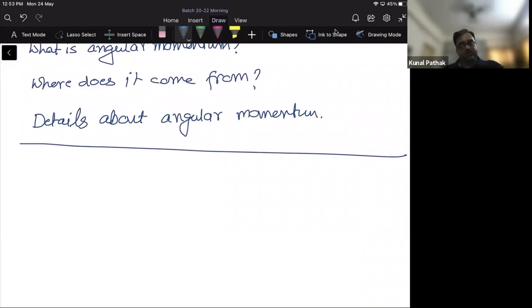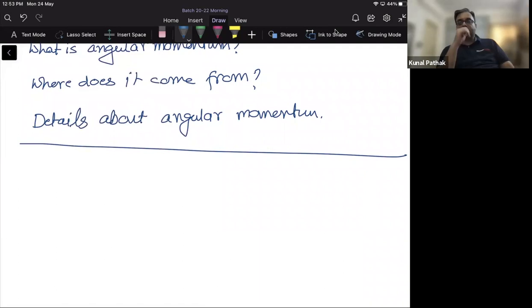So if you remember the discussion that we had when we were talking about linear momentum, there was a logical succession of steps after which we arrived at the concept of linear momentum.